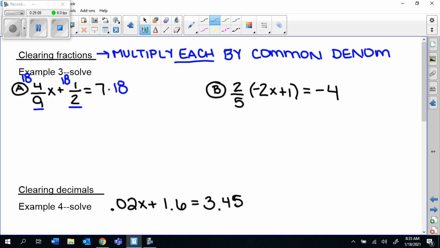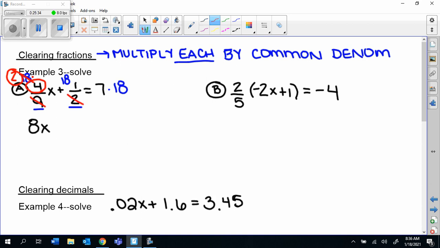9 goes into 18, because if I'm multiplying by an 18, then I can cross cancel any factors. 9 divides into 18 2 times. So I have that 2 left, and I have this 4 right here. 2 times 4 is 8x. No more fraction.